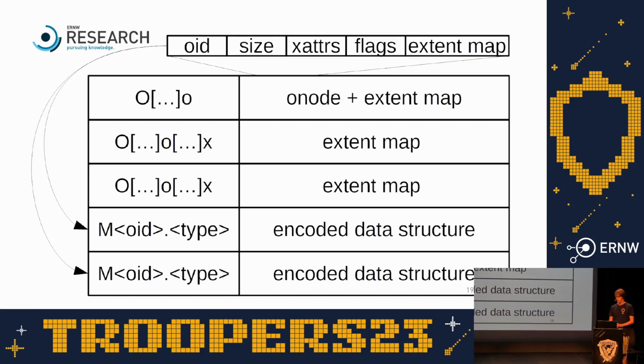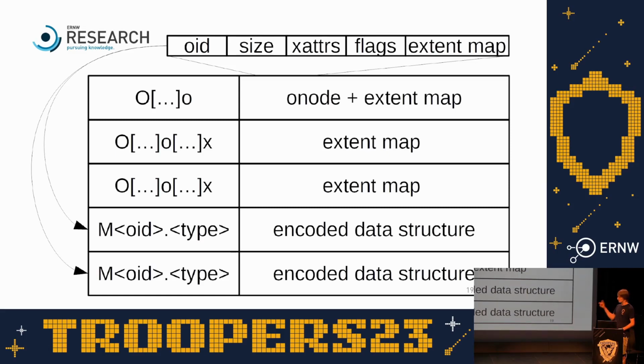And when you then have the object ID from the O value, you can go and look at the M entries, because if you look at M followed by the object ID, you will find different entries that are followed by a certain type. There are different types, and you have to read source code to be able to find out what types there are.